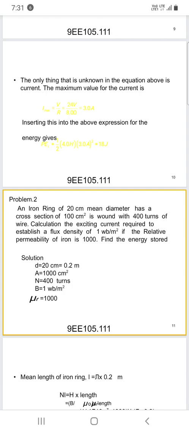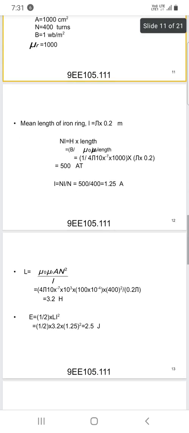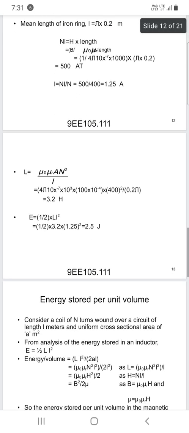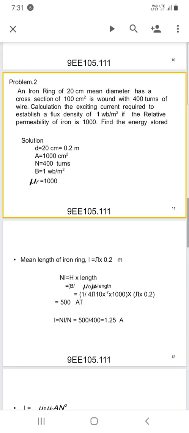So this is our first problem. Next is the second problem.